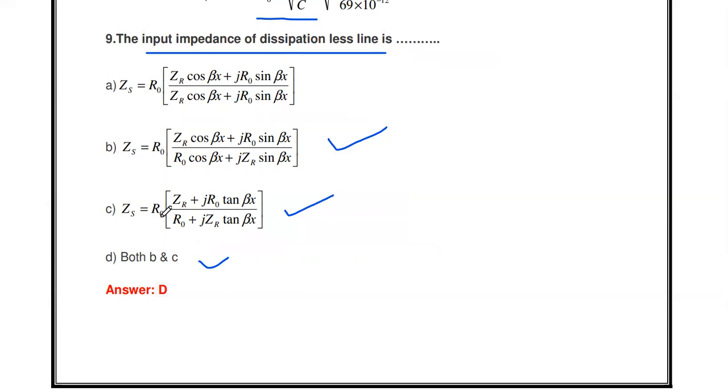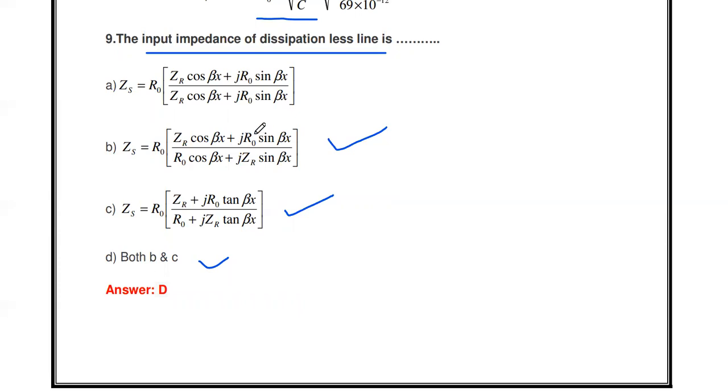Okay, so you see, same: R naught ZR plus j R naught tan beta X by R naught plus j ZR tan beta X. So both formulas are the input impedance of a dissipationless line. Okay, so you just note down and remember this input impedance of the dissipationless line.